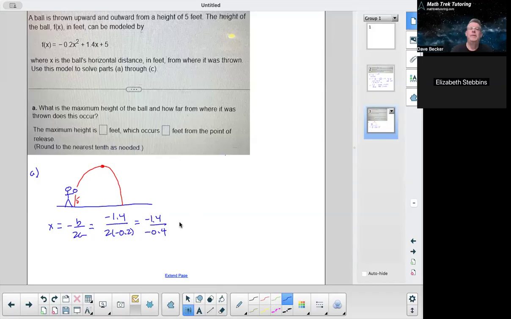Which is 3.5. Now that's not the max, that's the x coordinate where it occurs. Then we've got to plug that in. So negative 0.2 times 3.5 squared plus 1.4 times 3.5 plus 5.